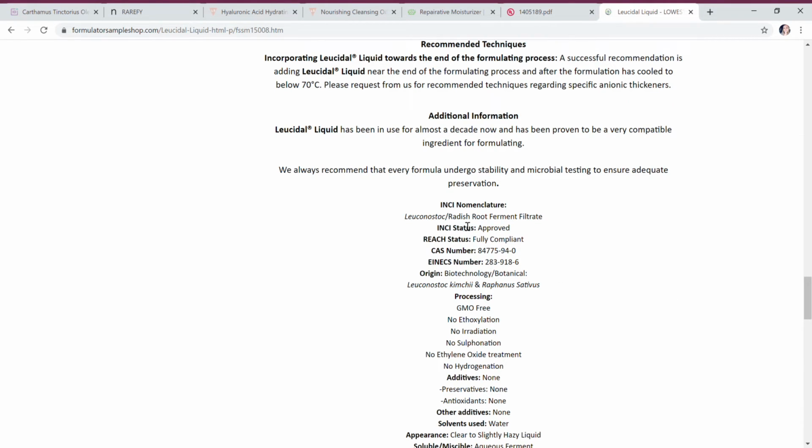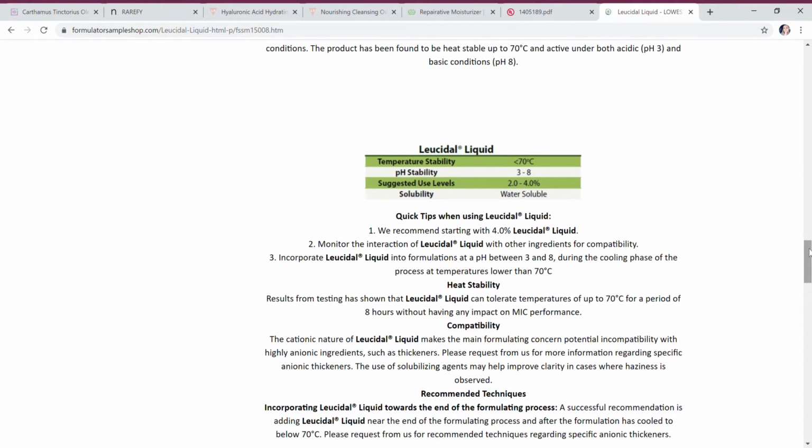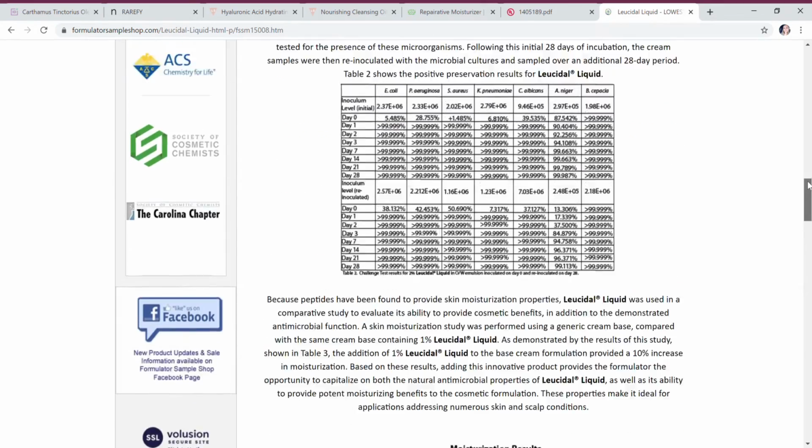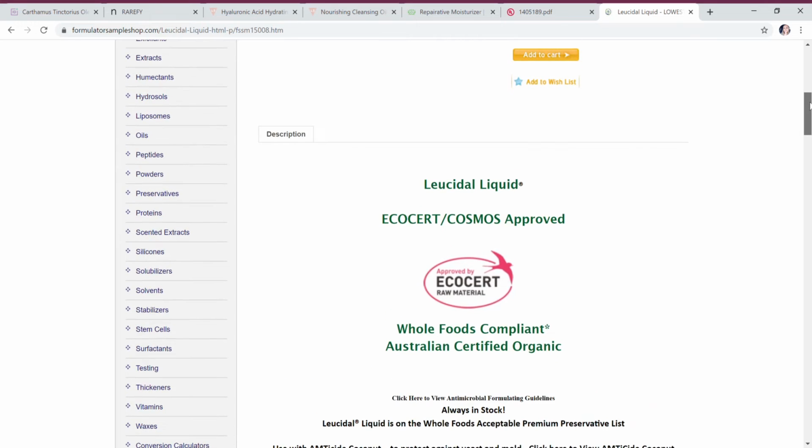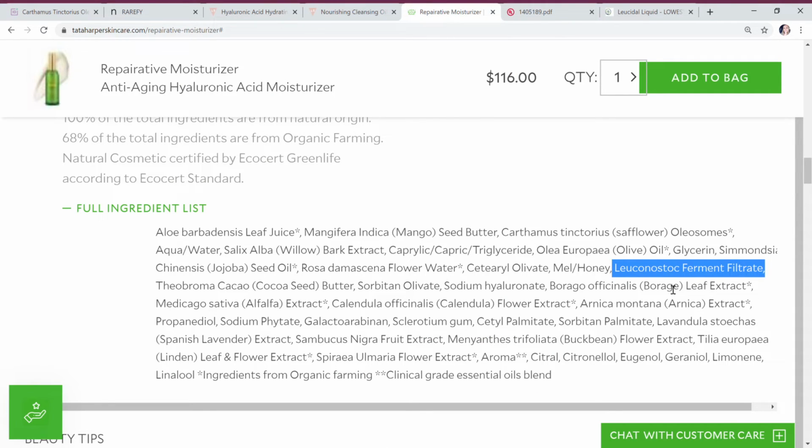Here we have leuconostoc ferment filtrate. So it's used at between 2 and 4%. And it's an EcoCert preservative. So we know that this is around 2 to 4%, so we're not quite at that 1% mark yet.